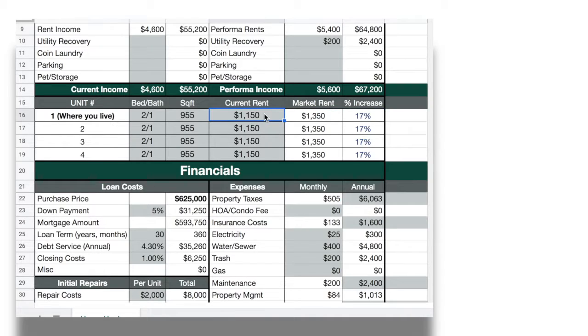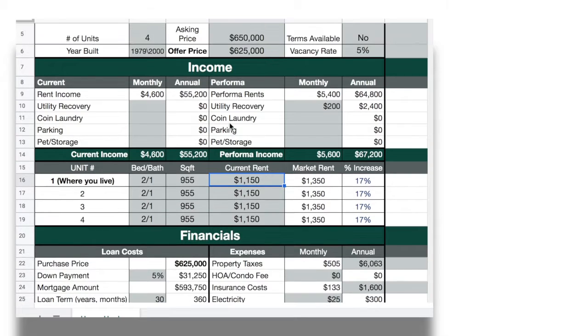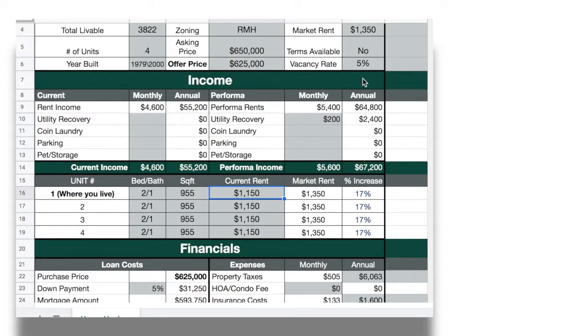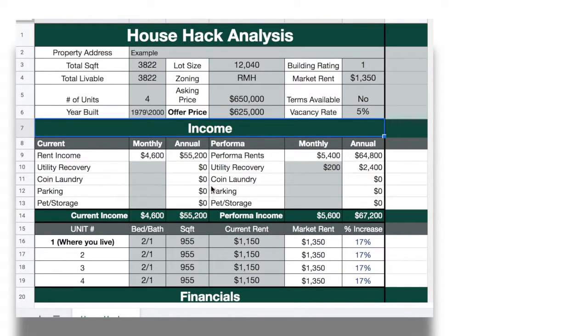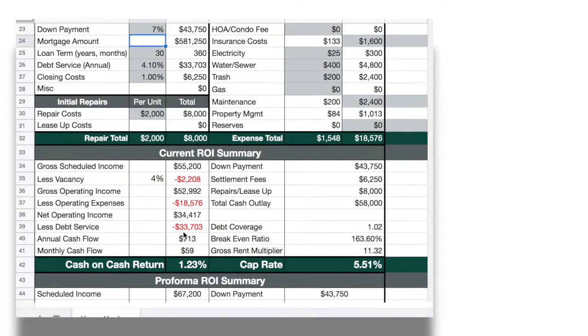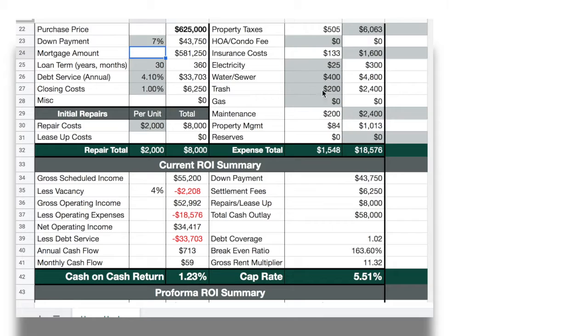Now this is just a traditional fourplex. You could do this with other types of properties, which I'll talk about in other videos, but this is the basics of how you look at these deals, how you play with the numbers, and I encourage you to play with this. Like if you can get this to 4%, and you know your interest rate is actually 4.1, and you put down 7%, and you know whatever.